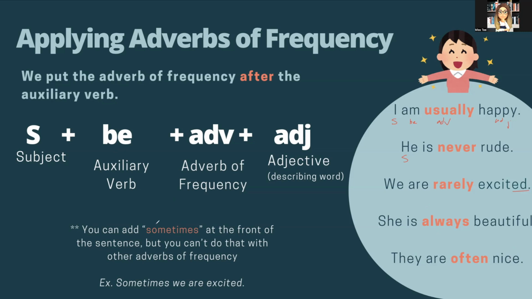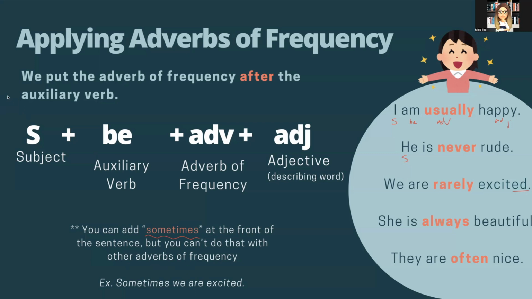Again, we have the special case of sometimes. So you can add sometimes at the front of the sentence, but you can't do that with other adverbs of frequency. So, for example, sometimes we are excited. You can say that.